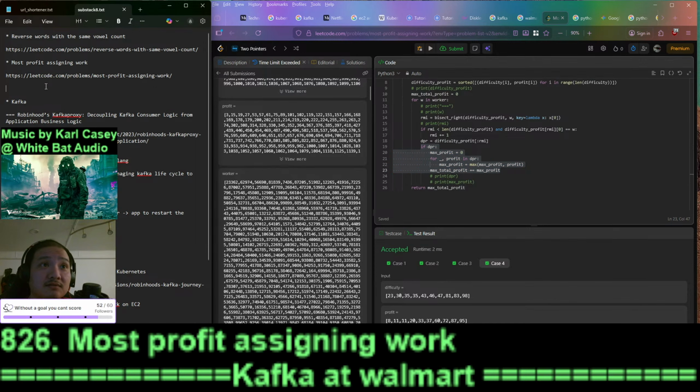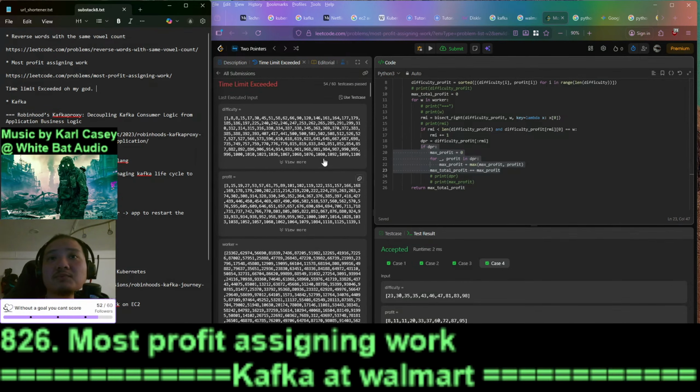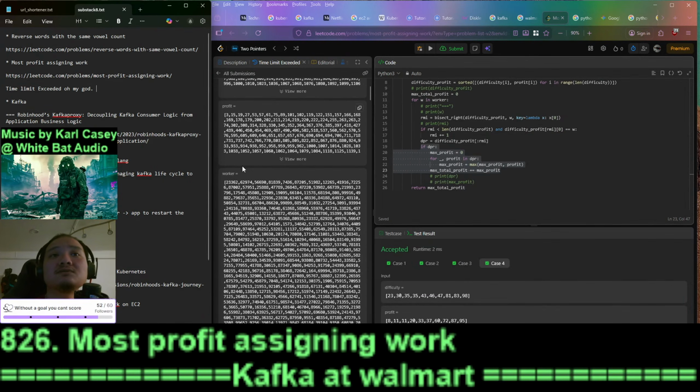Okay, so let's run it. Time limit exceeded. Oh my god. So it probably makes more sense to sort the worker, right? Because if this goes like this, then chances are there's repetition.